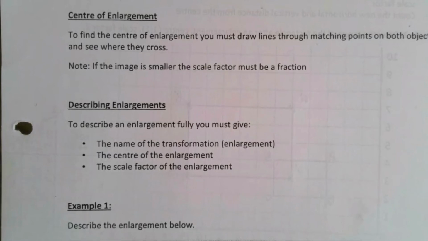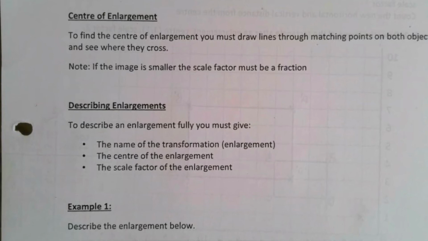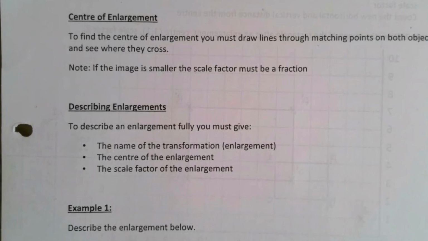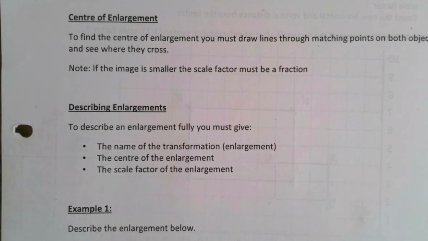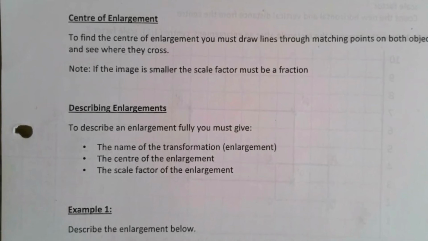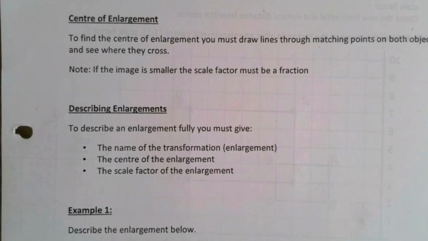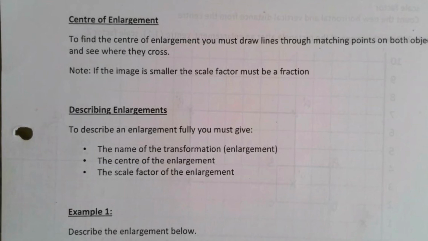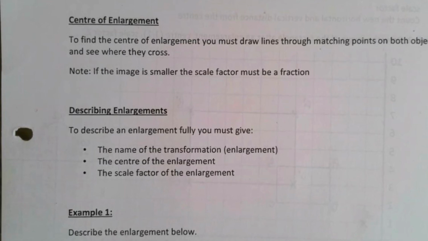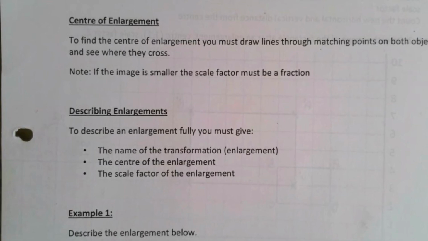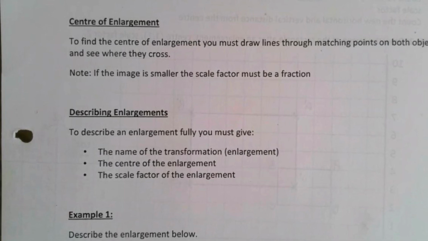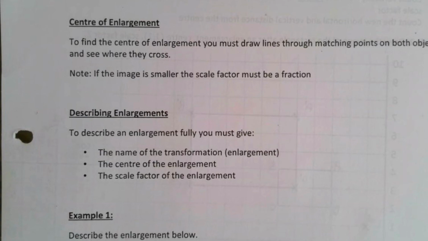And remember, whenever you're doing this in your classwork, draw all the lines to see where they cross, and that gives you your centre of enlargement. And do the table to find what the scale factor is, and whenever you're listing your answer, list those 3 things: you need to say it's an enlargement, you need to say what the centre of enlargement is, and what the scale factor is. Okay, so let's get on with that work now.